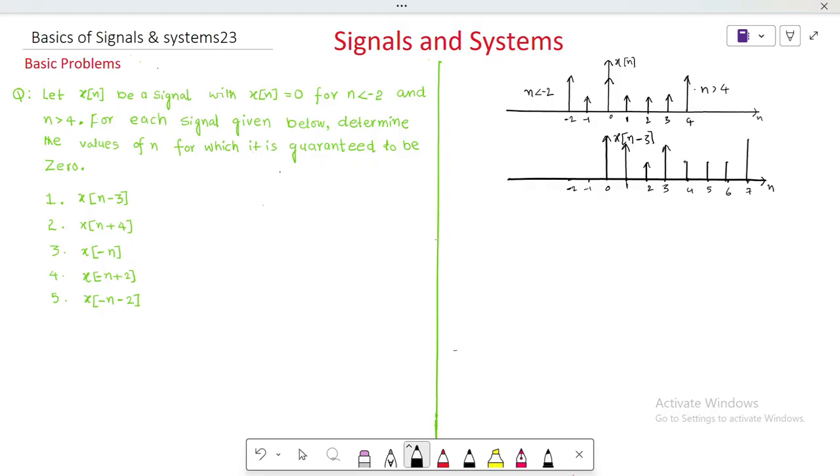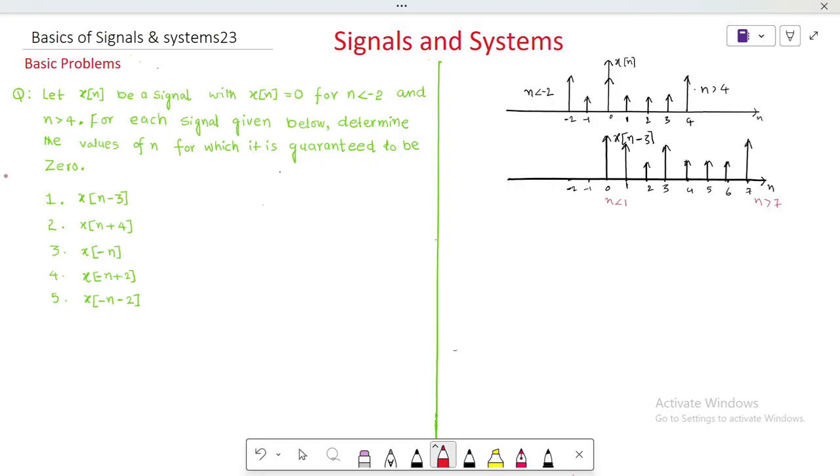So these are the values. So for n less than 1 and n greater than 7, it would be 0.